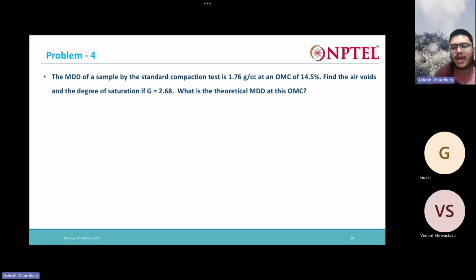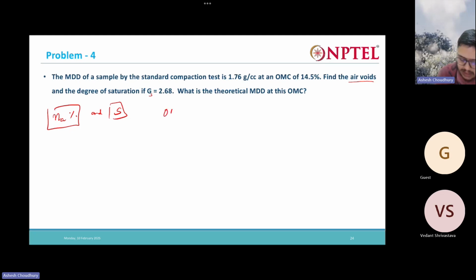Find the air voids and the degree of saturation if the G, this is nothing but the specific gravity of soil solids, is 2.68. What is the theoretical maximum dry density at this optimum moisture content? So we need to find out first the air voids, na percent, and the degree of saturation.